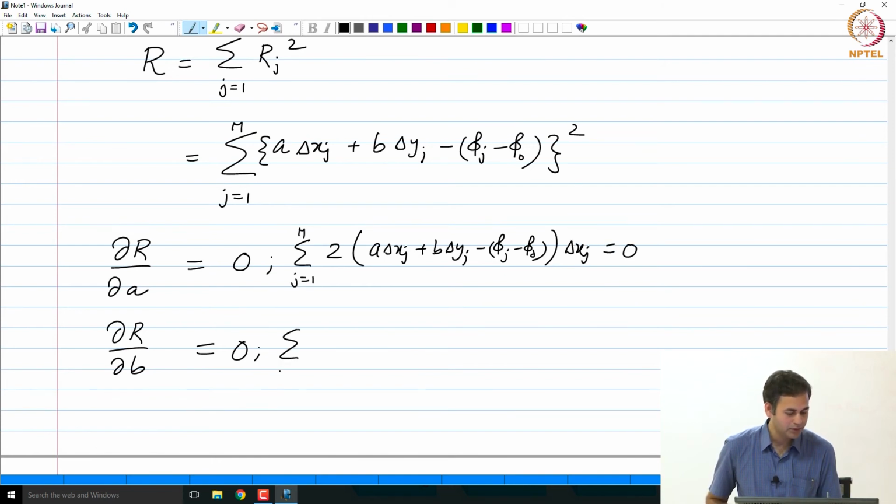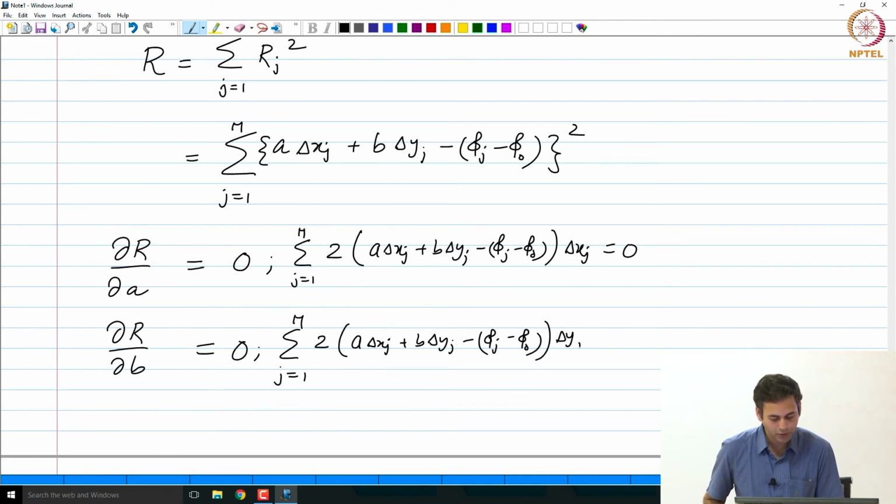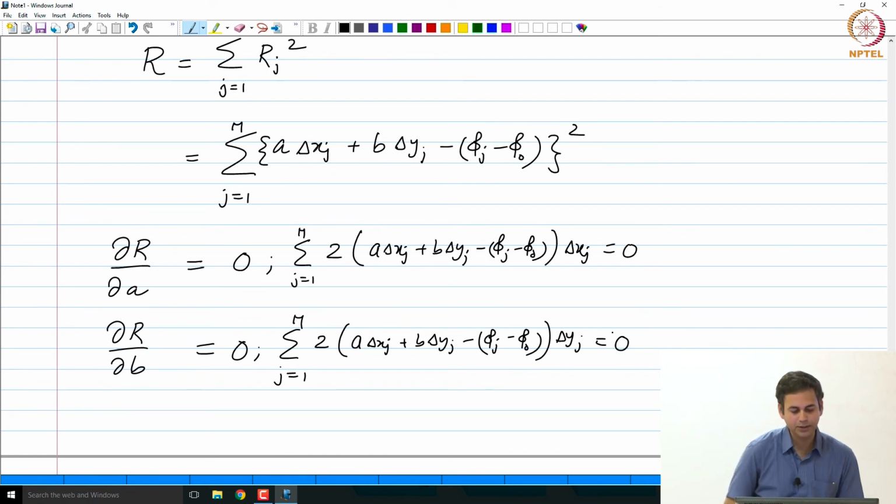What is the other equation? Sigma j equals 1 to m, 2 times a delta x j plus b delta y j minus phi j minus phi 0, times delta y j equals 0.